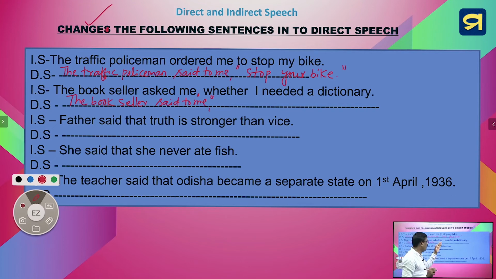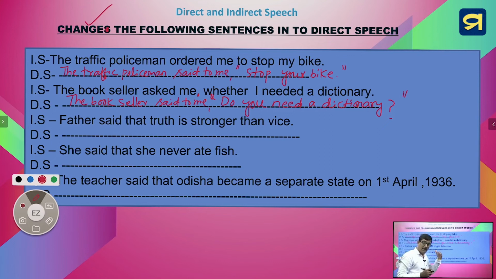When there is if or whether, generally we will write a yes-no interrogative in the reported part. Question mark, and at the end the inverted comma.